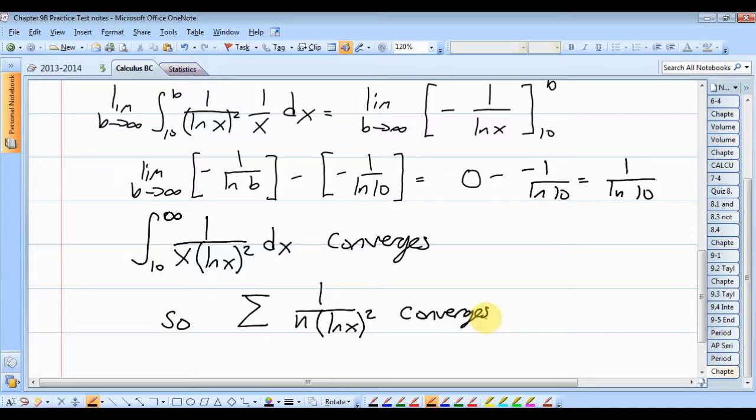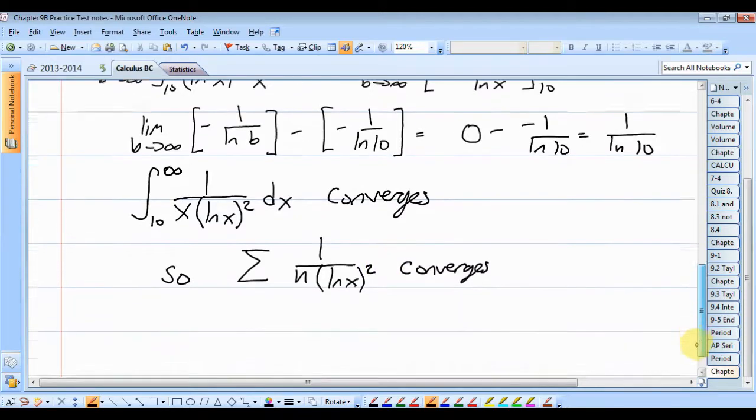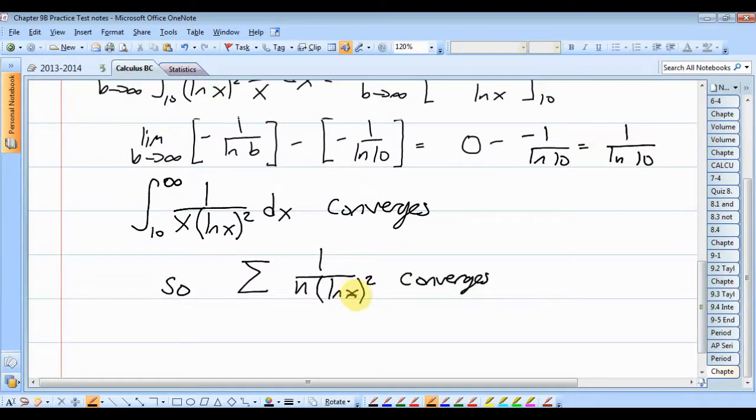Do we have to state that the original one converges, or can we just say this one converges? All we can say right now is that this one converges. Okay. So now that we have that result, isn't it natural log of n? Yeah, that should be an n. You're right. I got excited.